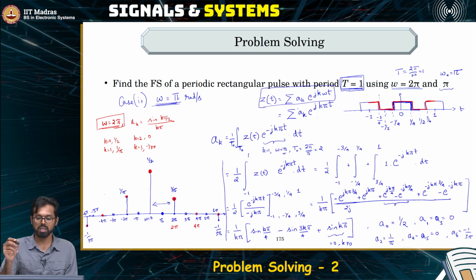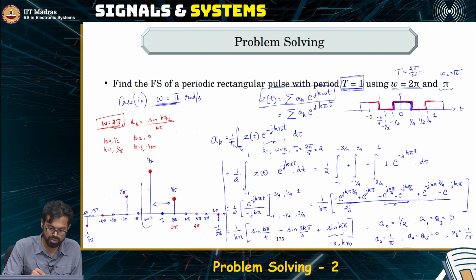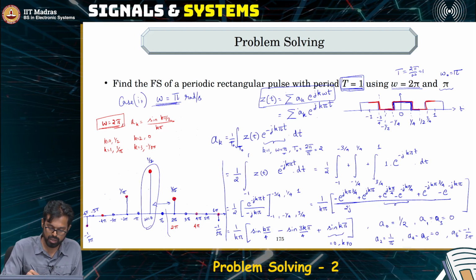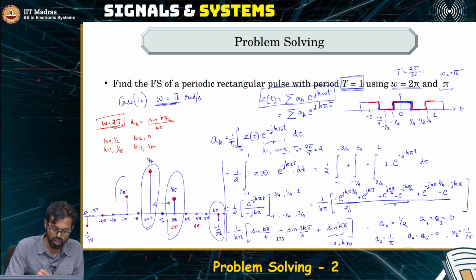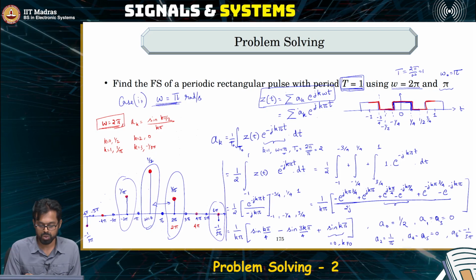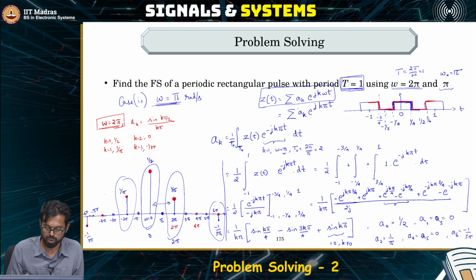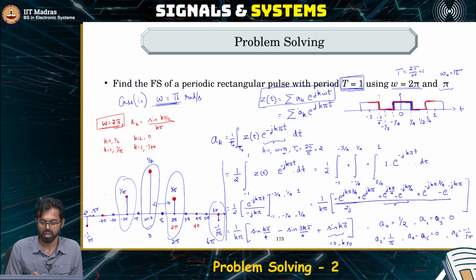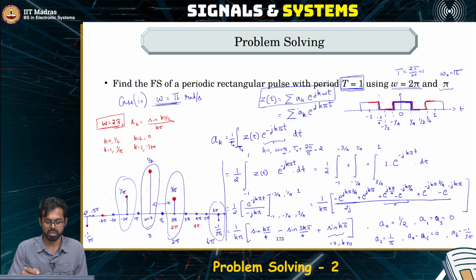This rectangular pulse contains complex sinusoids only of these frequencies. So no matter with what value of omega you expand, only for those omegas, 2 pi, 0 and 6 pi, will there be a non-zero Fourier series coefficient. Others will always be 0.